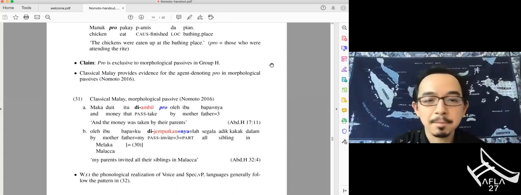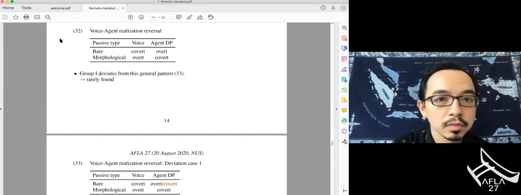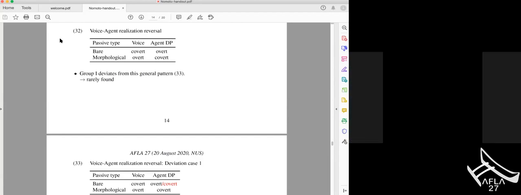Yeah, so I was curious about that. I was wondering why this must be the case, and one possibility I came up with is something related to acquisition or processing. When children learn the passives, two types of passive, they must be able to figure out which is which.